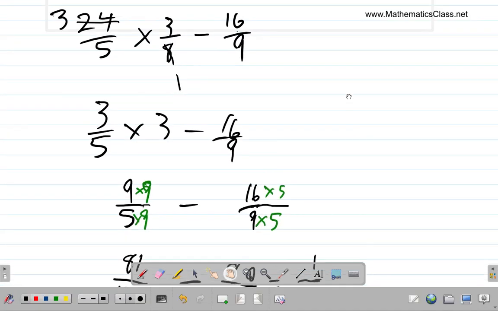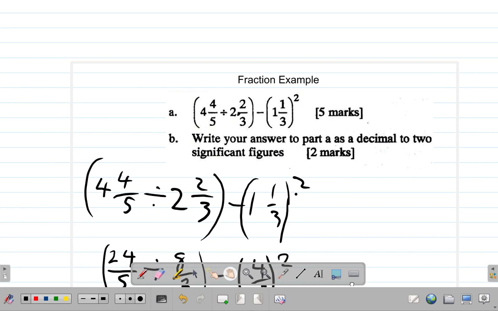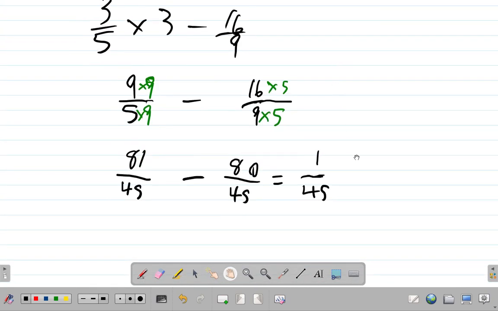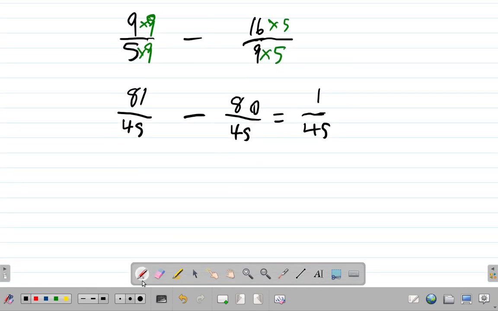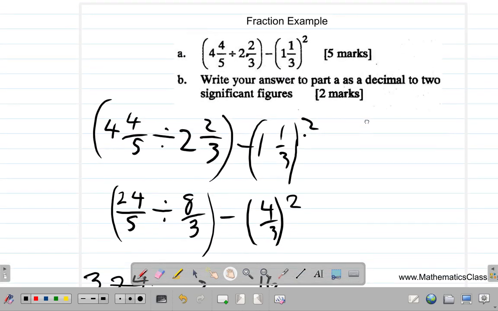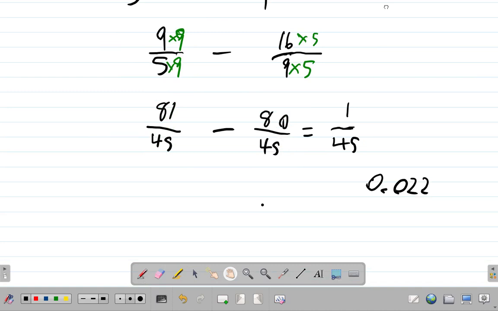How many decimal places does it say again? The two significant figures. So 0.022. Now the first significant figure is 2. The other significant figure is 2. So that you have there is the two significant figures. That's what they say. Two significant figures, right?